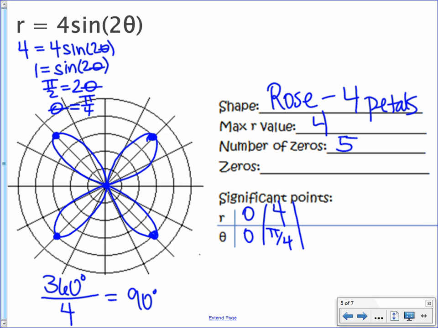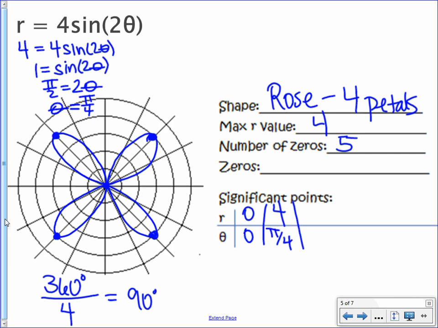Why do we have 5 zeros instead? Because we started at the pole, okay? Your sine rose curves will always begin at the pole, so you're going to have an extra 0, okay? And like I said, you notice how I drew it kind of funky? If you draw it like this, which I assume a lot of you are going to want to do, that is totally fine. You're still going to get the same number of zeros.